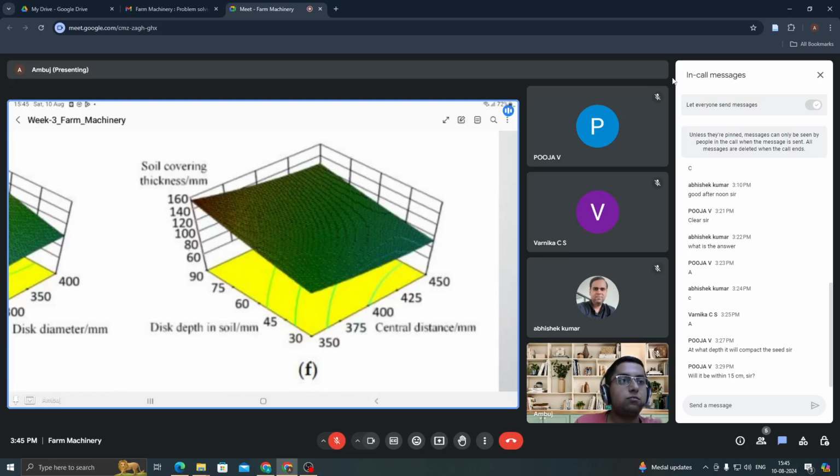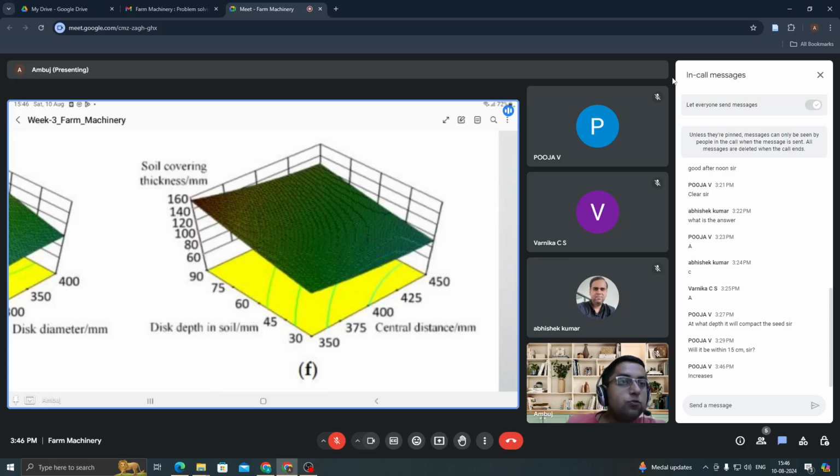See this figure for a good amount of time and tell me, if I increase the disk depth, what would be the effect on soil covering thickness and the central distance? This central distance is from the center of the disk to the end point, the circumference of the disk. I am increasing the disk depth. What is the effect on soil covering thickness and the central distance?